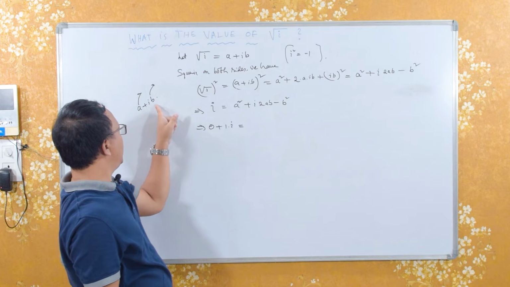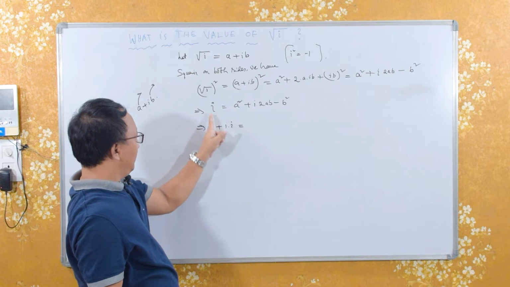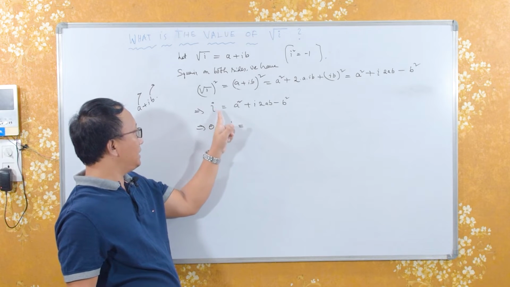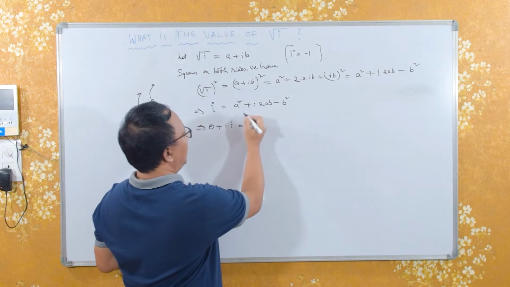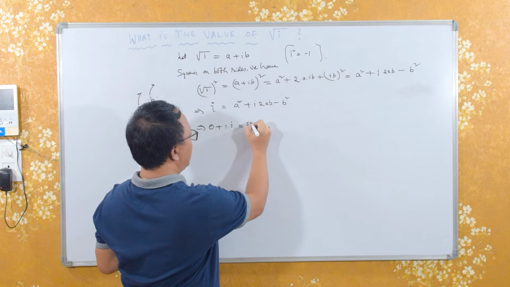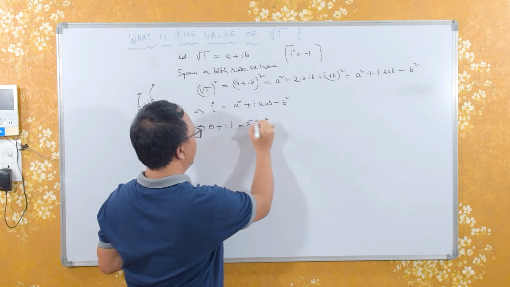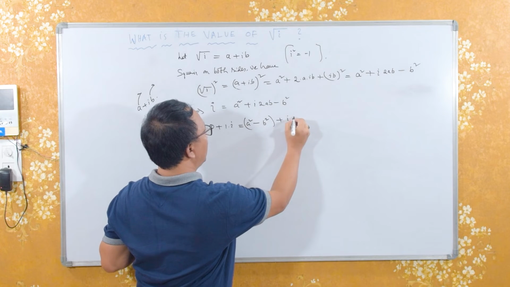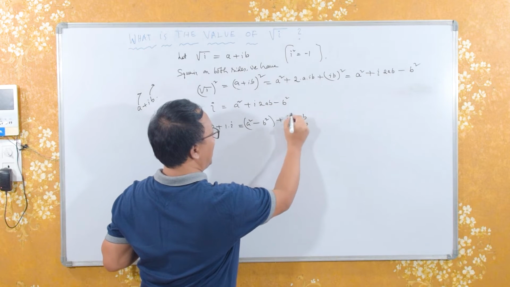The imaginary part is associated with i. Here nothing is there, so we can write 0. Here i is the same as 1·i. On the right side, the real part is a² − b², and I can combine these two, plus i·2ab.